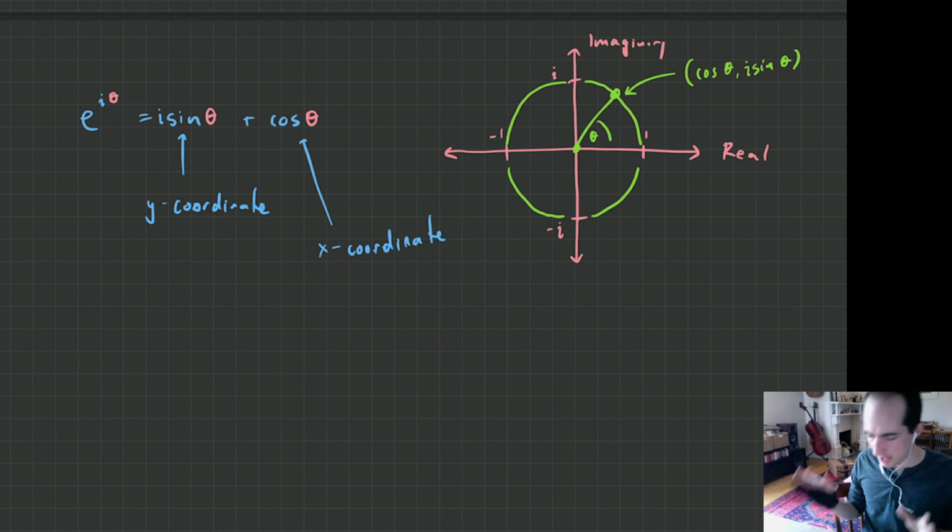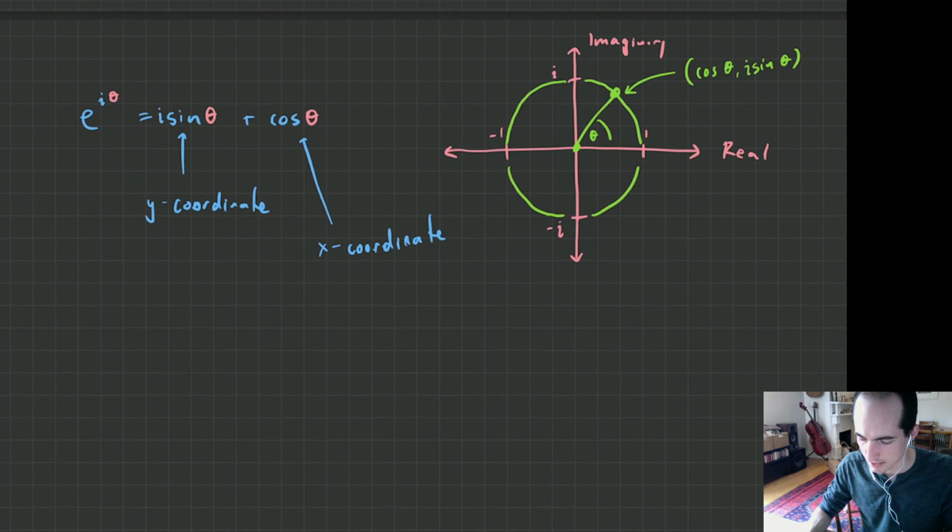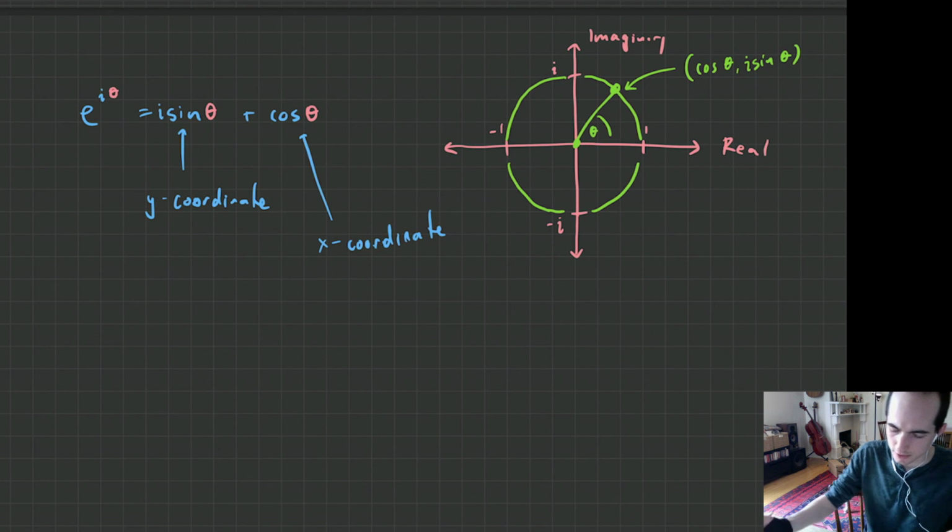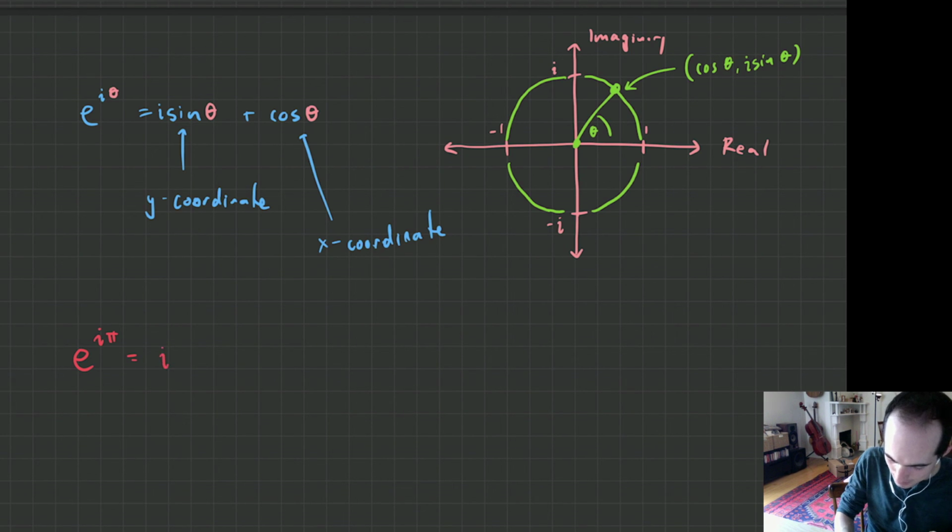And I'm going probably like a school year every minute in terms of the rate of education I'm expressing these things in. But I just thought that this was cool, and we're almost there. So the main takeaway is that if I take e to the i and multiply that by pi, I get i times sine of pi plus cos of pi.